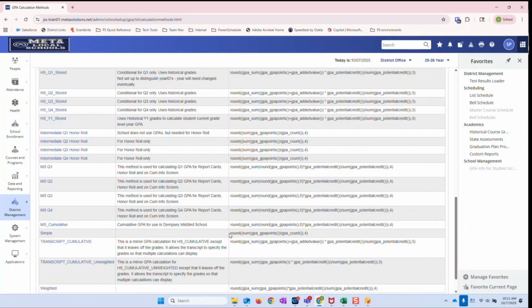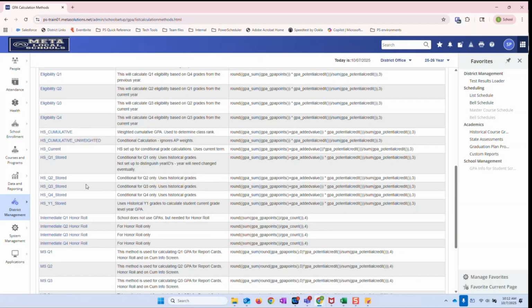I don't want to dig too deep in this power hour on how exactly a GPA is calculated and what all of this means. You may have questions, and if so, I encourage you to ask. But I wasn't planning on digging into all of these different calculations. In a nutshell, a simple GPA is the total GPA points divided by the number of classes that a student is taking, whereas a weighted GPA takes potential credit into account.